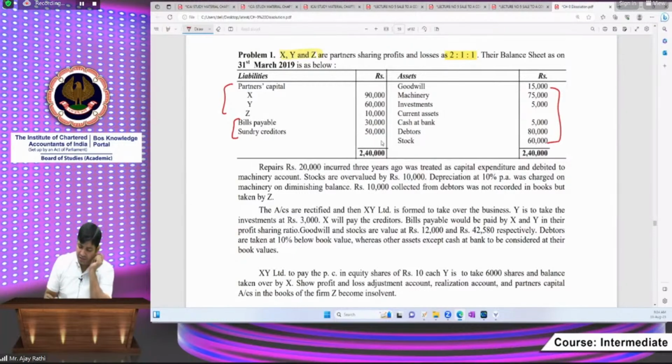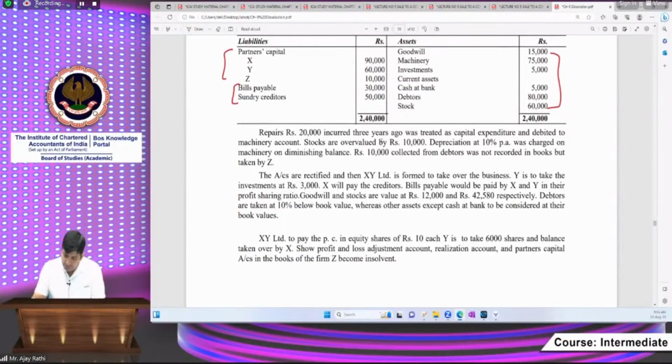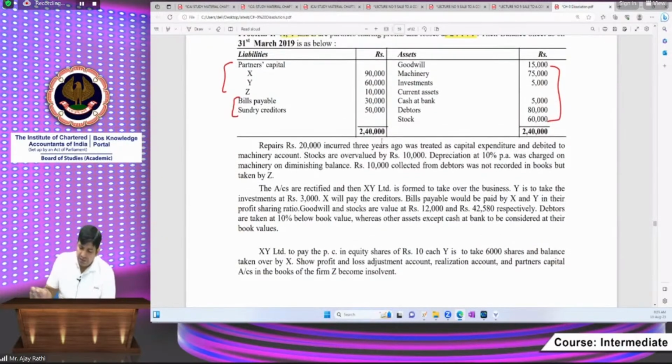Now, the question is saying one more thing. There is a point for rectification of error, and there is a point for revaluation also.